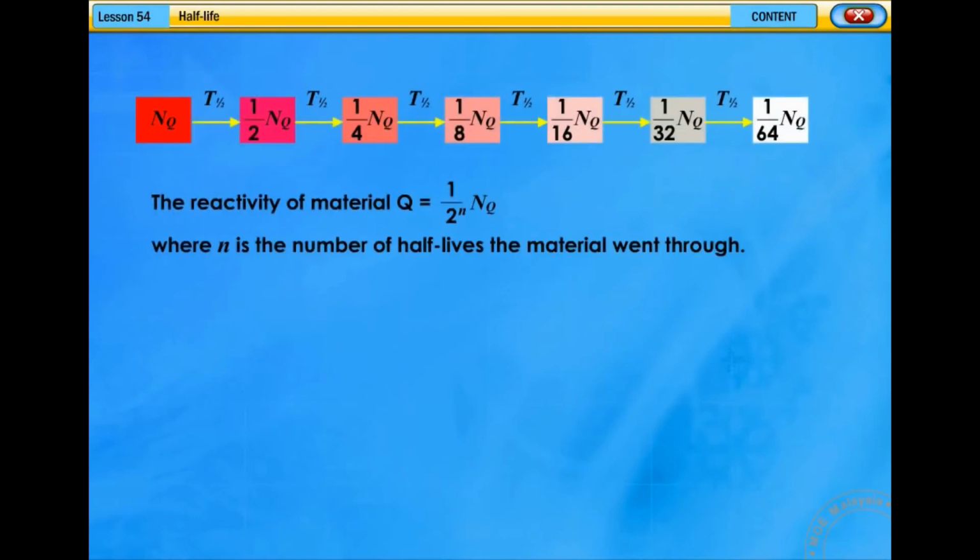The reactivity of material Q can also be determined using 1/2^n NQ, where n is the number of half-lives the material went through.